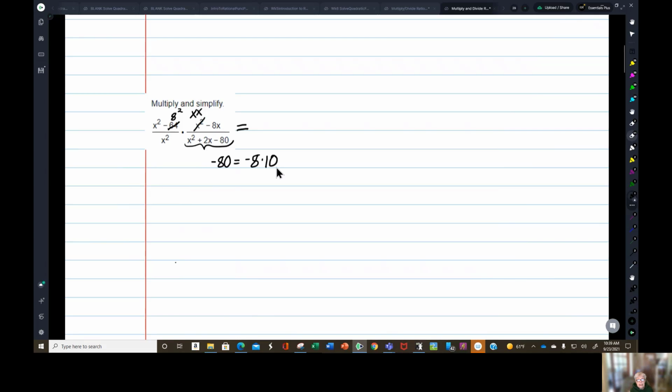So sometimes these things occur to you and you don't have to do the whole factorization. Negative 8 plus 10 is positive 2. So our factorization is going to use those two numbers. All right, so let's get to work.